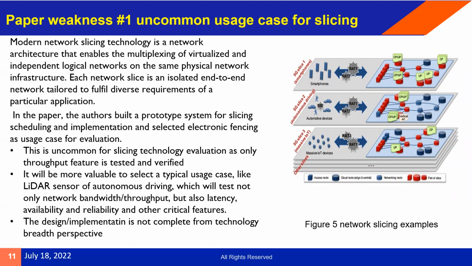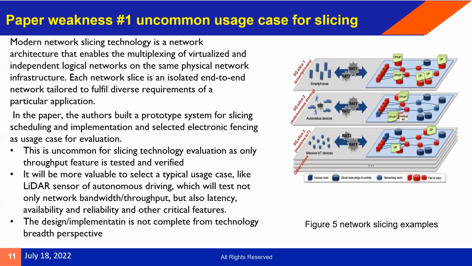Each network slice is an isolated end-to-end network tailored to fulfill diverse requirements of a particular application. In the paper, the author built a prototype system for slicing, scheduling, and implementation, and selected electronic fencing as a use case for evaluation.